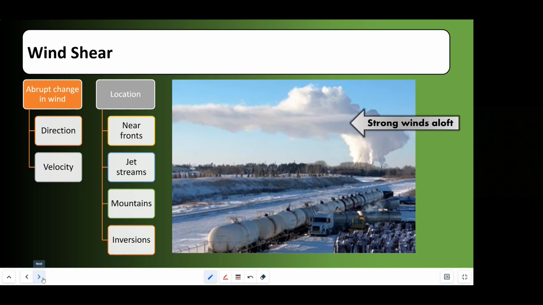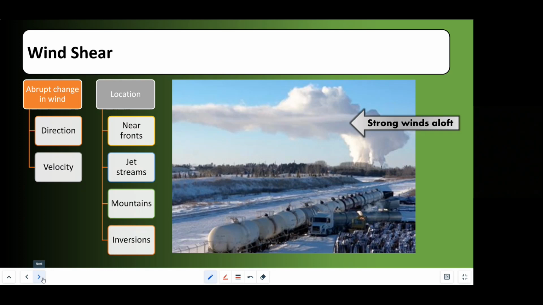Wind shear is an abrupt change in direction or speed of the wind. You might feel wind shear in mild forms of 3, 4, 5 knots, or it could be bigger forms of it where you get 10 knots of wind shear or even more.